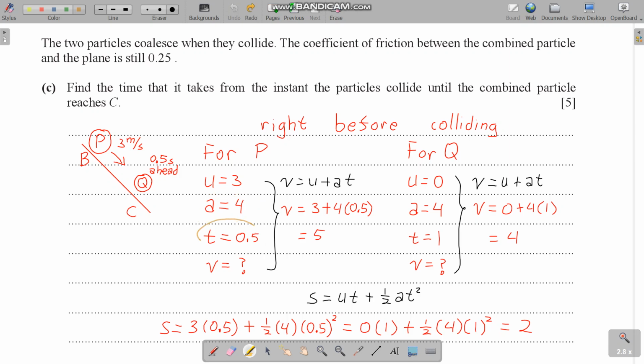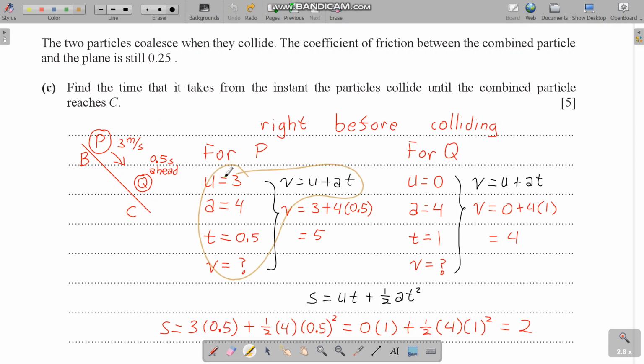We know the time is 0.5, because previously it takes 1 second to hit, so P is traveling 0.5 seconds during the rough patch. The 1 second is 0.5 from the start to B and 0.5 from B to collision. We are only using the time during the rough patch with this acceleration.